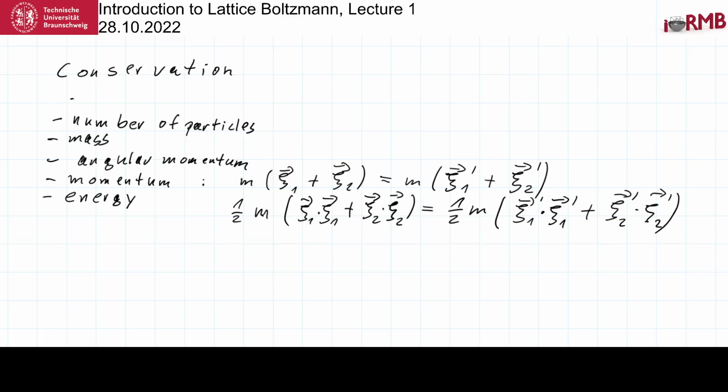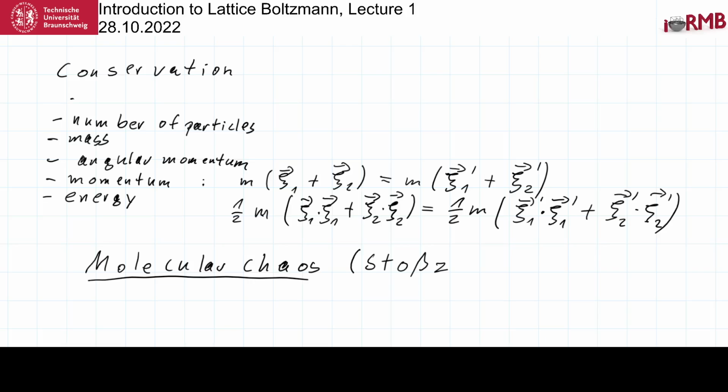So now comes the first important invention of Boltzmann in regard to evaluating these things, and this is the so-called molecular chaos. Molecular chaos is the proper English word, but even in the English literature, you will still read the real Austrian word, Stoßzahlansatz.